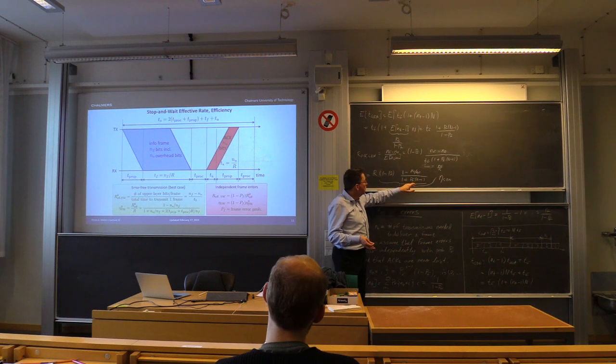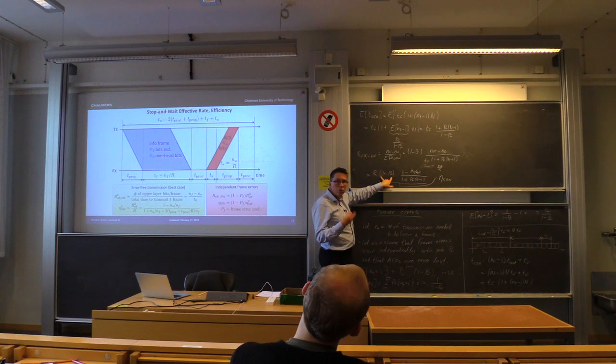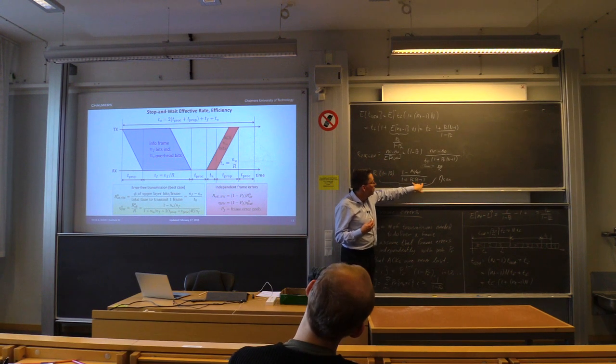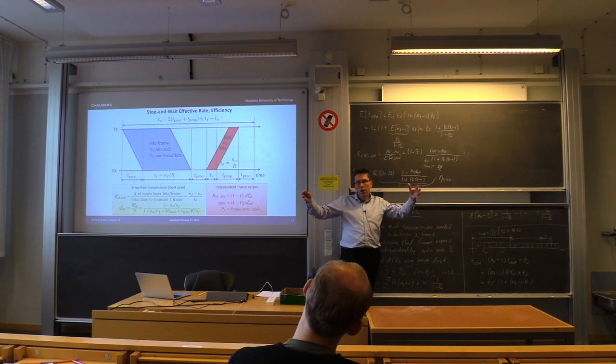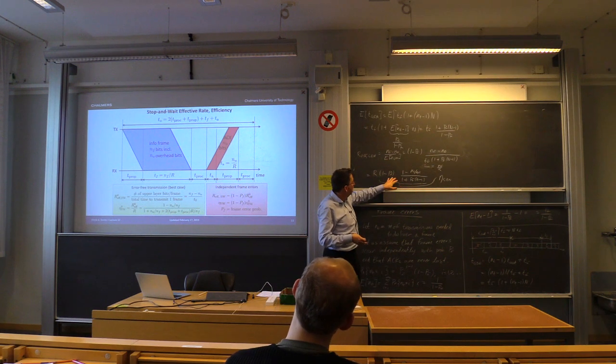Okay. The problem is that when pf starts to increase, we still have this factor in front of it, just as we had in stop and wait, but we also have this factor here, which is multiplied by n minus 1. So n minus 1 could be a fairly large number. It's the number of packets we have in the send window. So our conclusion from this is that the efficiency for Go-Back-N and the effective data rate is very nice if pf is relatively small.